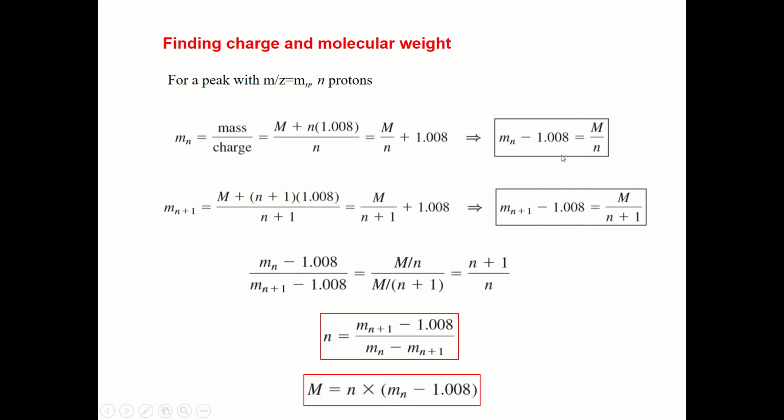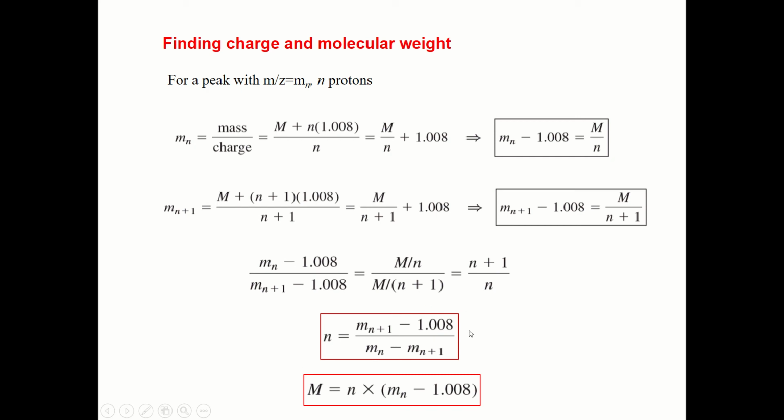We divide these two equations, and then we get this very simple equation. Rearranging this equation, we get the number of protons n equals this one.